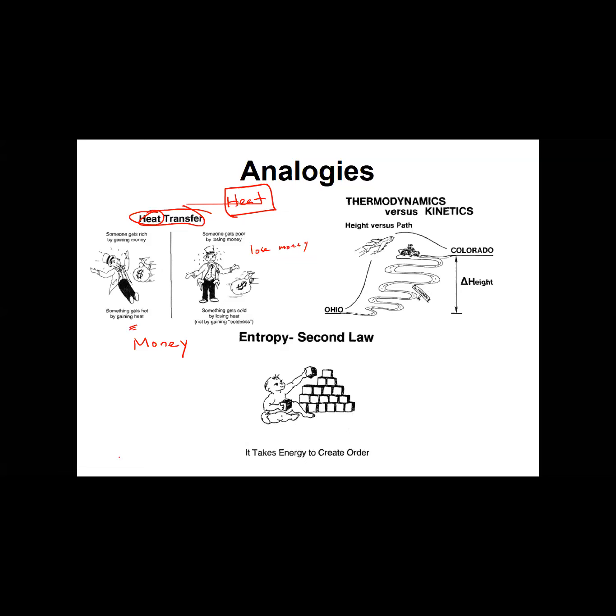It becomes cold because it lost heat. So that's the way that Professor Portman describes the concept of heat transfer, and then the difference between thermodynamics and kinetics. So what's the question that is associated with thermodynamics?